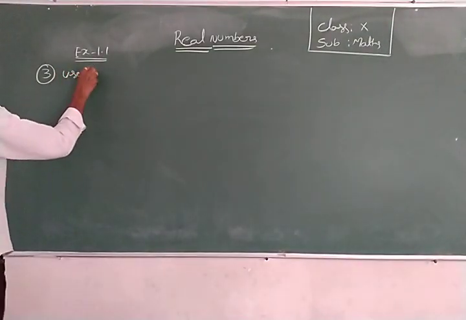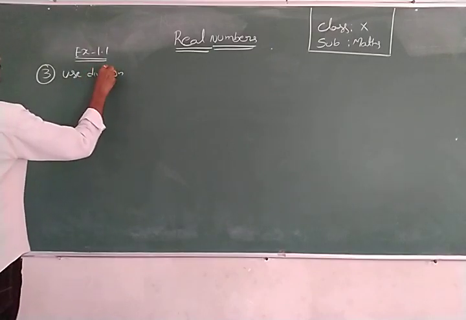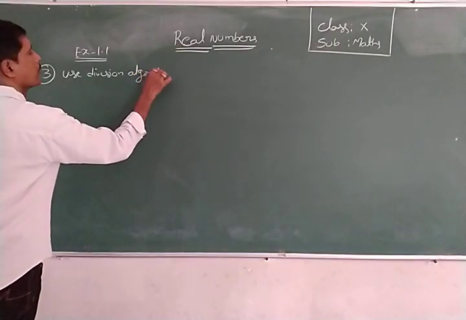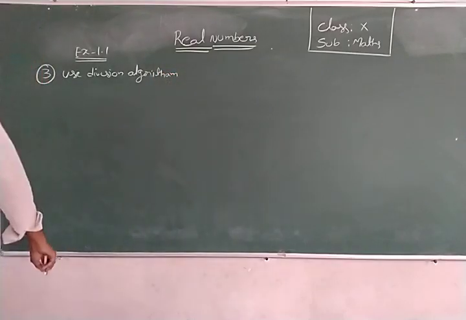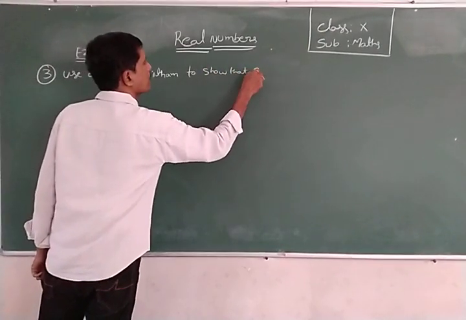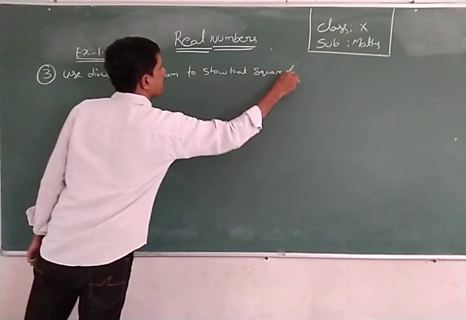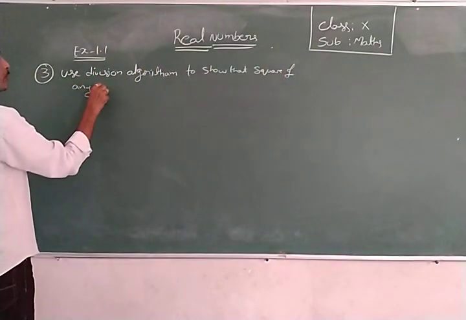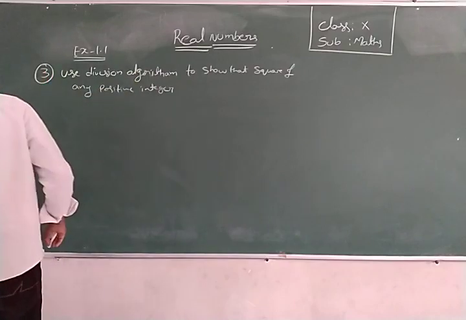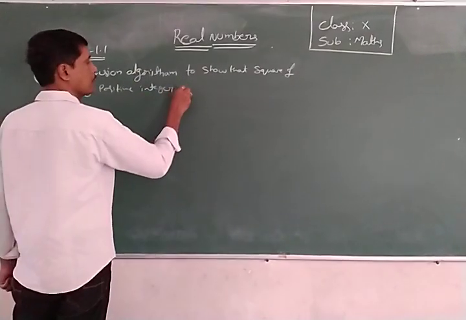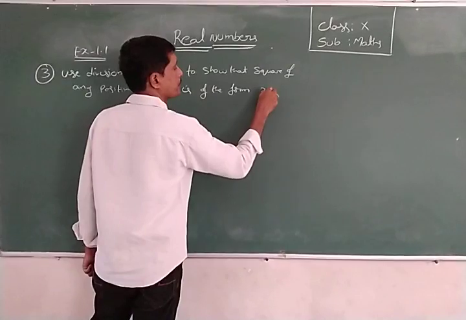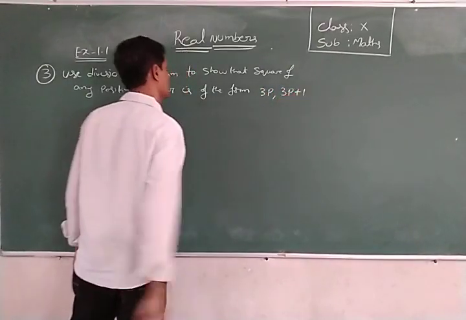Use division algorithm to show that the square of any positive integer is of the form 3p or 3p plus 1.